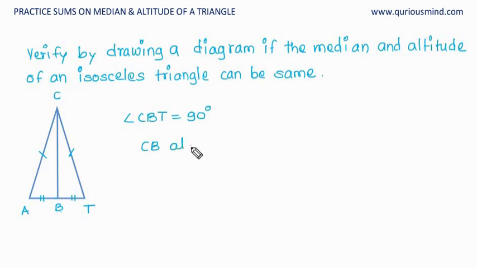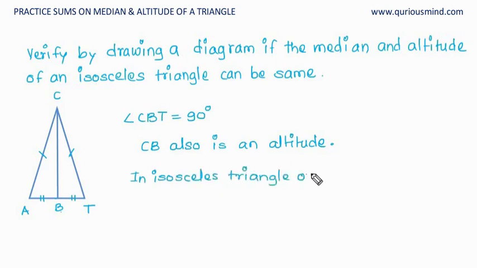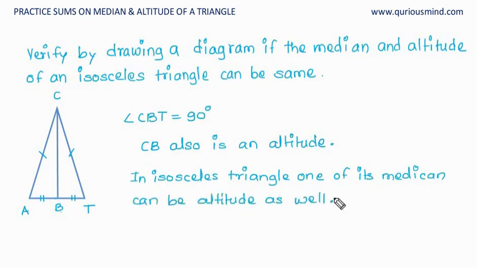And therefore we can say that in an isosceles triangle, one of the medians can be its altitude as well. We can prove this mathematically using the congruence of triangles, but we have not learned congruence of triangles as yet. So we will prove this using measurement.